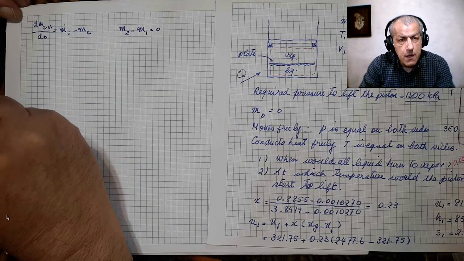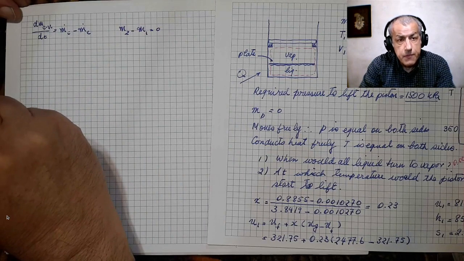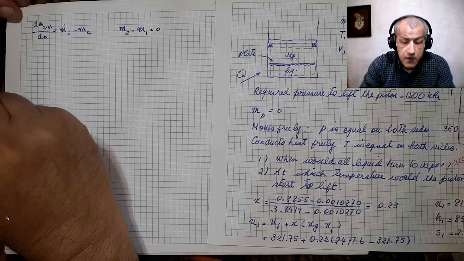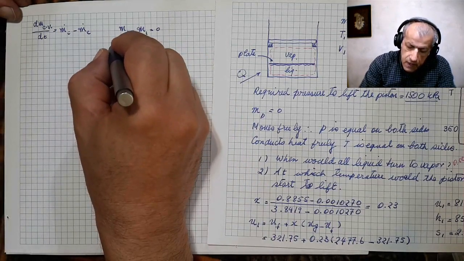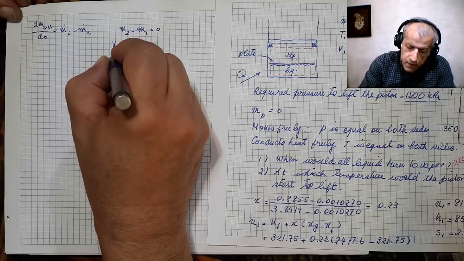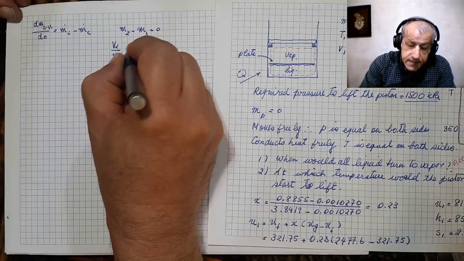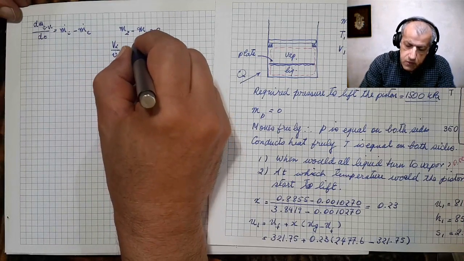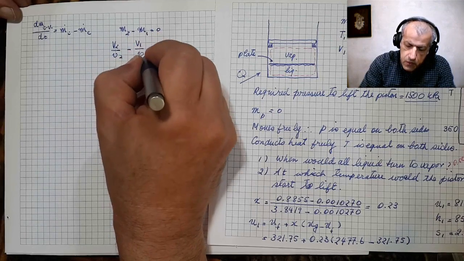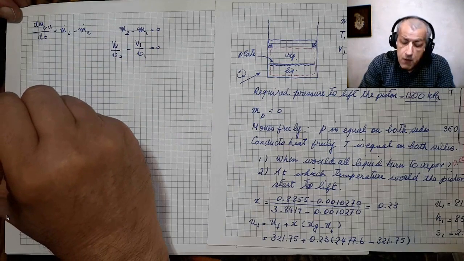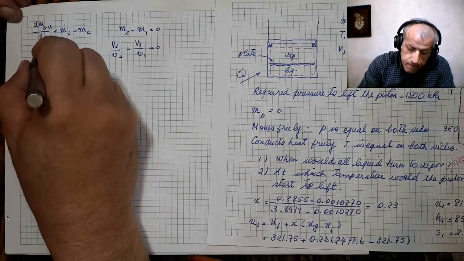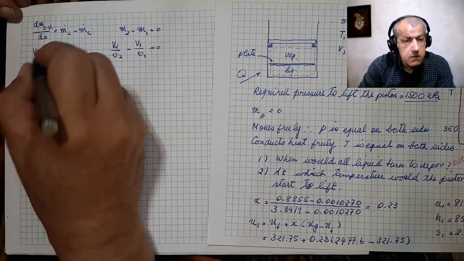Now, there is a way to modify this for our problem. Instead of m2, we write V over v2, and instead of m1, we write V over v1, and that equals 0.